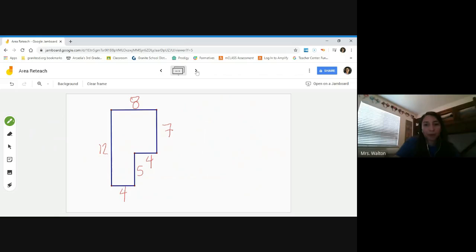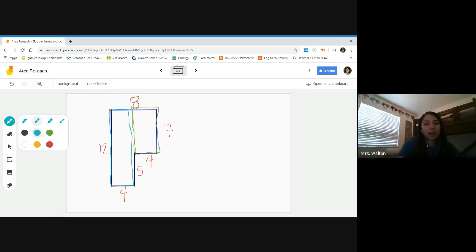Let's look at it one more time. I'm going to split this rectangle up like this, right here, right down the middle. I see a rectangle here and I see a rectangle here. Two rectangles.